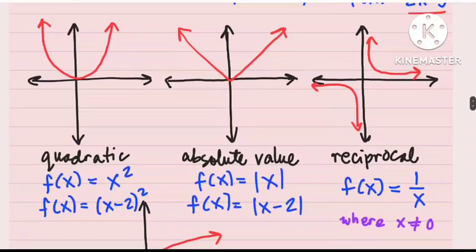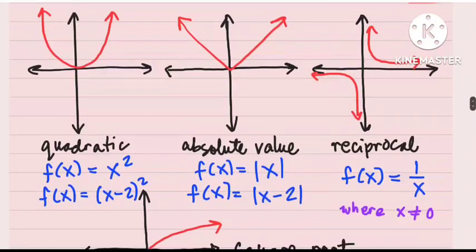Third, we have the graph of quadratic function. The U-shaped graph. This one. So this is a quadratic function. Some of the most basic quadratic functions are x squared and (x minus 2) squared. So we have here the form usually ax squared plus bx plus c.